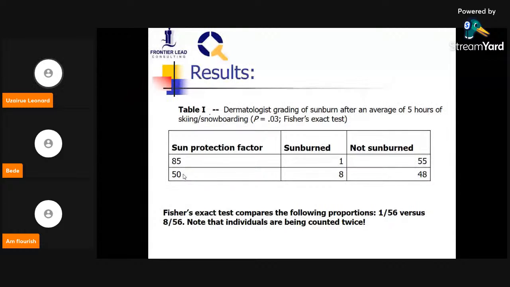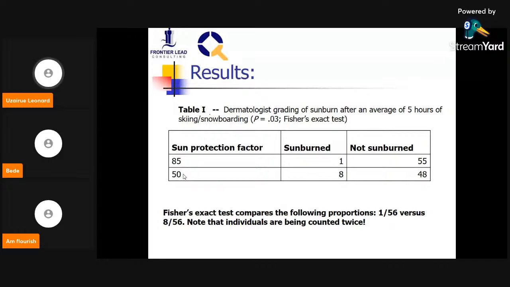Out of those assigned 85, one said that he or she had a sunburn, while 55 said they did not have any sunburn. Then for those assigned 50, 8 of them said they have sunburn, while 48 said they did not have sunburn.